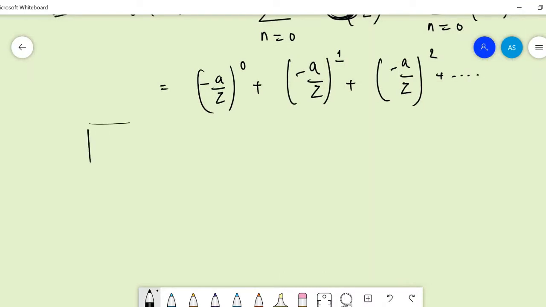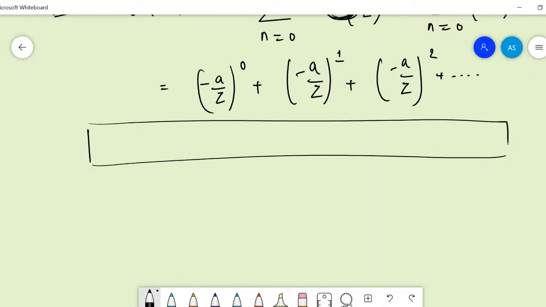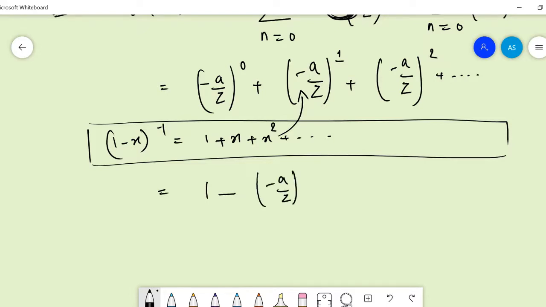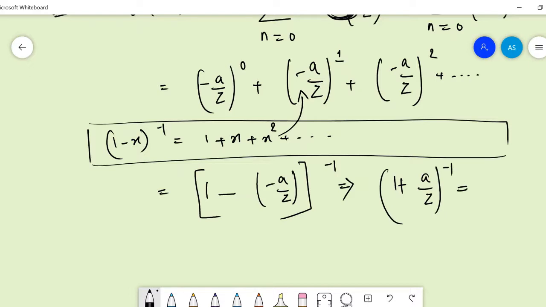So this is again in the format 1 plus x plus x square plus etc., that is 1 minus x whole power minus 1. Here the value of x is minus a by z. Now in place of x I am substituting minus a divided by z: 1 minus of minus a divided by z whole power minus 1. Minus into minus is plus, so 1 plus a by z whole power minus 1, that is z plus a divided by z whole power minus 1.